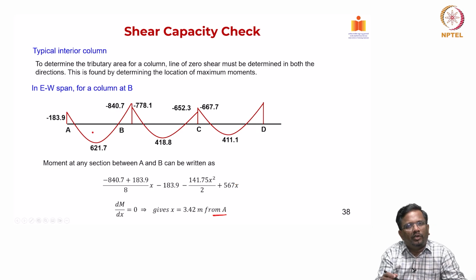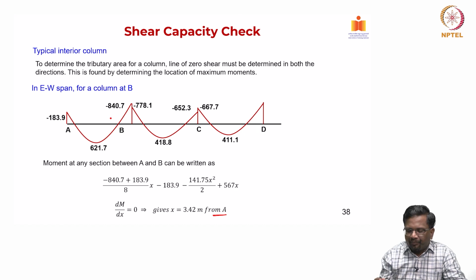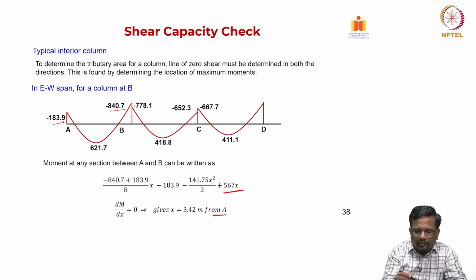Now that you know the distribution of your moments and the external load that is acting, from the free body diagram you can find the simplified expression for the variation of moment in any span, for example between A and B. We find this as negative 840 plus 183.6 divided by 8, because the span is 8, times x.